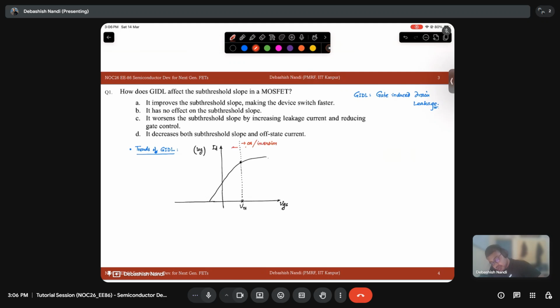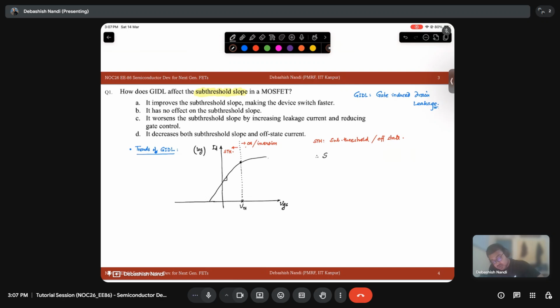This is my subthreshold or off state. In the question it is asked that we should see how the subthreshold slope changes. So what is subthreshold slope? It is the slope of this line.